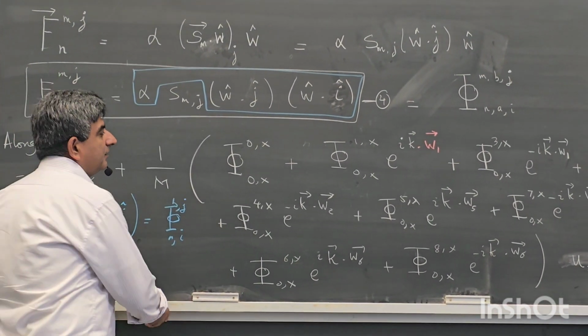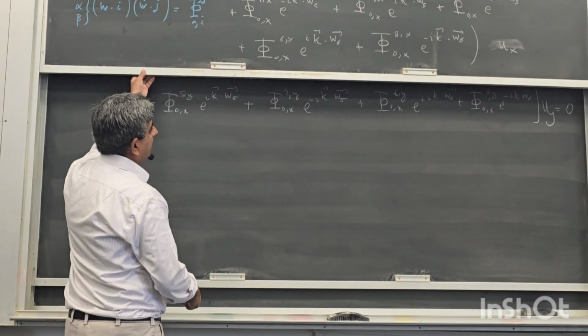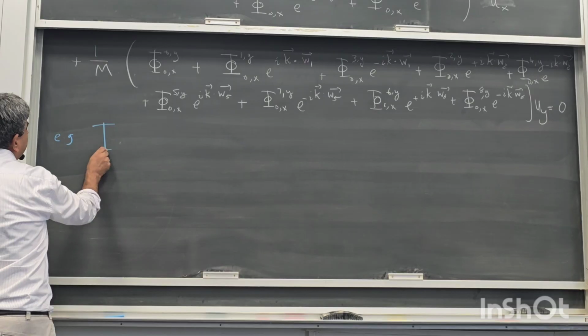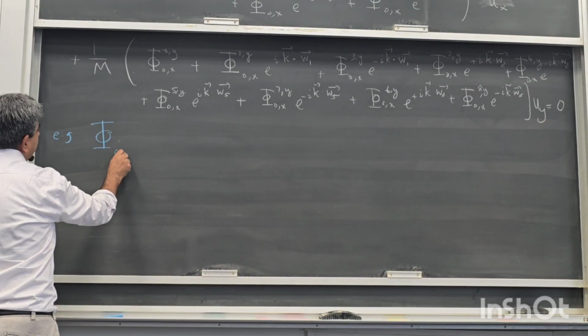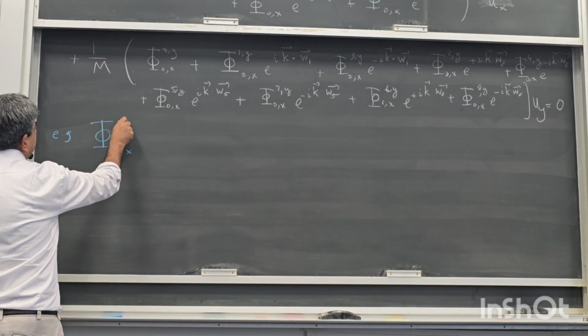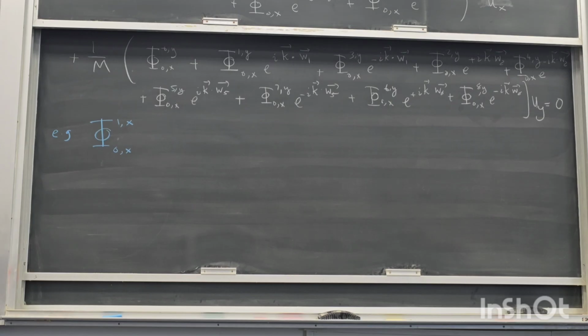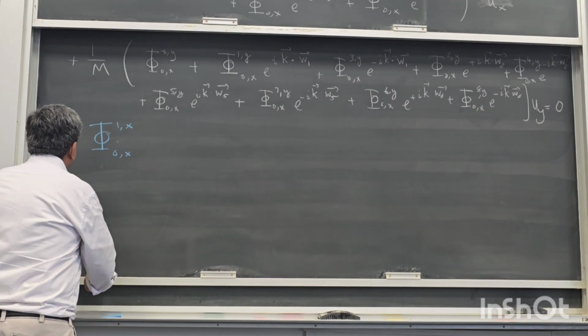Okay, for example, phi 0x 1x. Now this is our phi. This is 0x 1x.